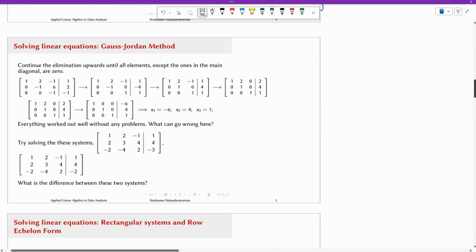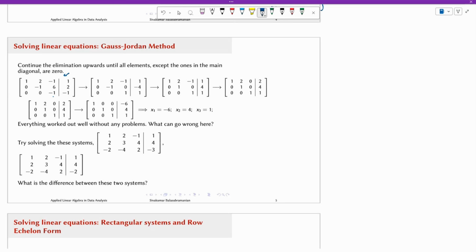Right here, this is the matrix we got after we did Gaussian elimination. Now you choose the last pivot and make everything above that 0. So if you do that, you take 6 times this equation, add it to this, you get 0.